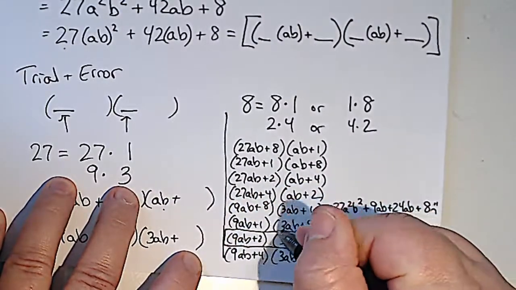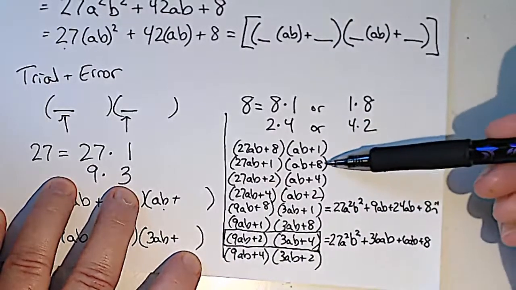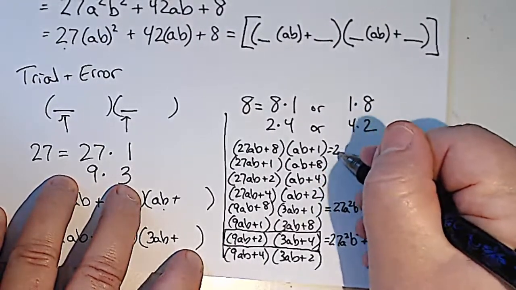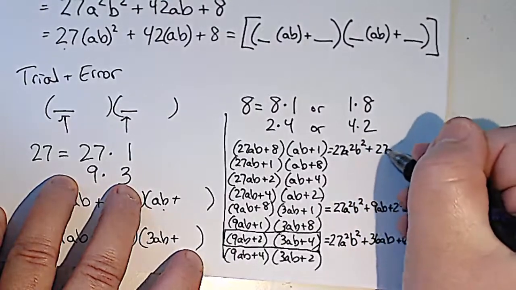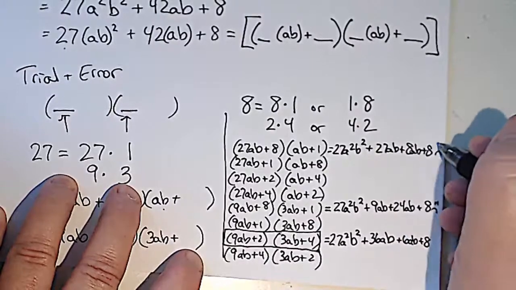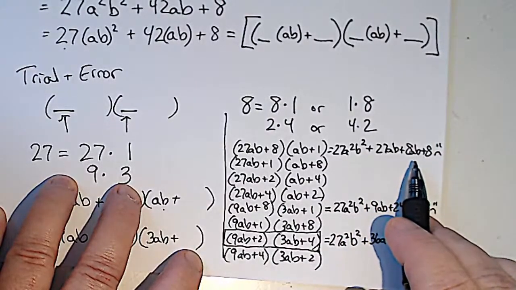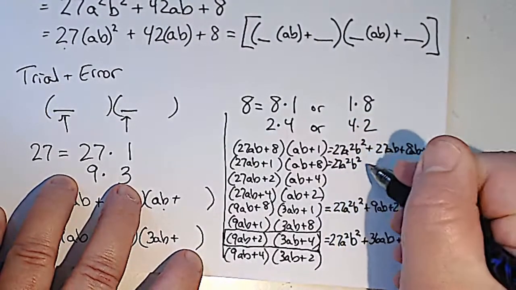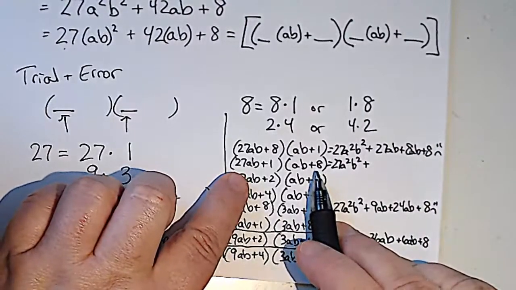I know, right? So in reality, trial and error, a lot of people would need to go through all of them. And if you went through all of them, like this one would be 27a squared b squared plus 27ab plus 8ab plus 8. That's not sufficient because in the middle we've got 27 plus 8. That's only 35. Okay, this one's 27a squared b squared plus the outer is going to be 8 times 27, which is, what is that?